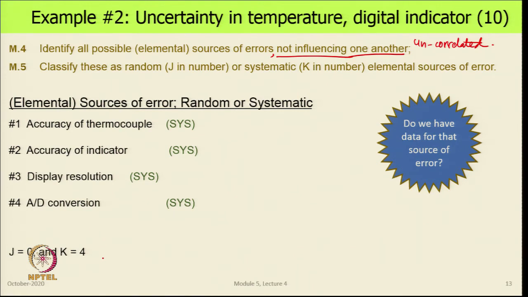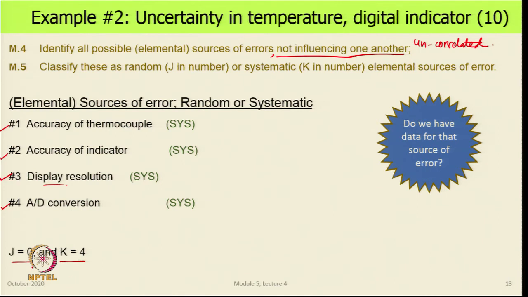Then the indicator gave us some data that it has got its own accuracy. So, that is another source of error. Then the same indicator has a display resolution, that is another source of error, and A to D conversion, that is another source of error. So, we have j equal to 0, k equal to 4.